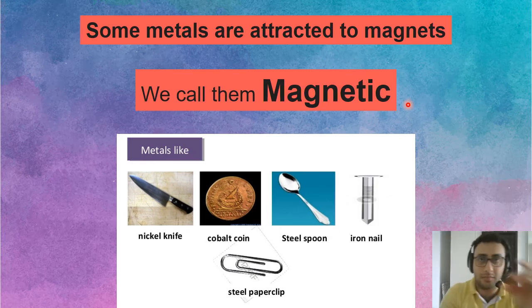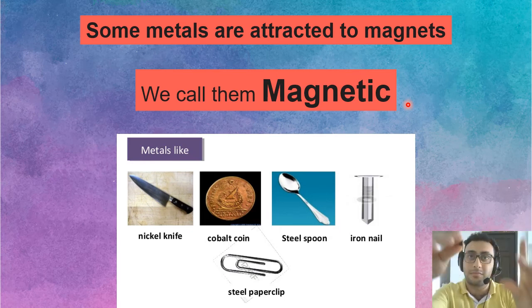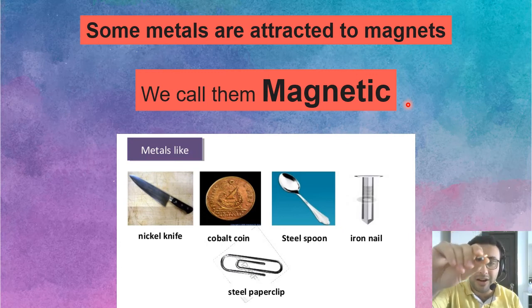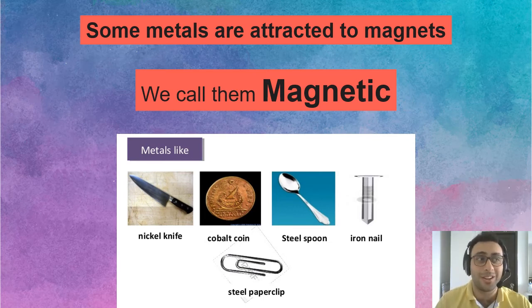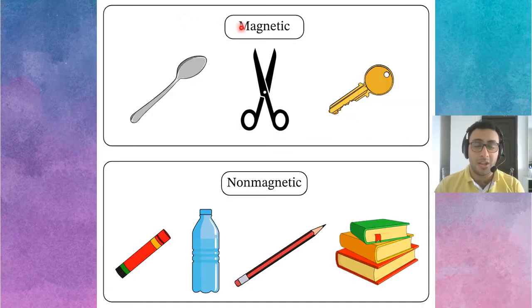This coin. See? It gets attracted to the magnet because the coin is magnetic. The coin is magnetic. Very good. Okay, let's see more. Spoon, scissor, even a key are magnetic if they're made of some metal.